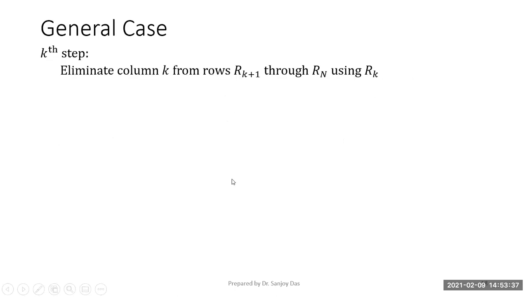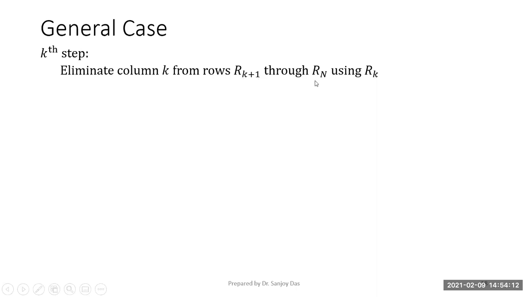Okay, so now this is the general case. In the kth step, what we're doing is we eliminate column K from rows Rk plus 1 through Rn using row K. Rk, so we're using, in the kth step, Rk and eliminating, zeroing out the elements in the rows below Rk.